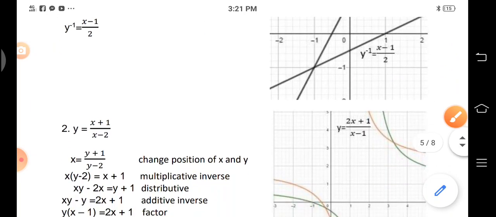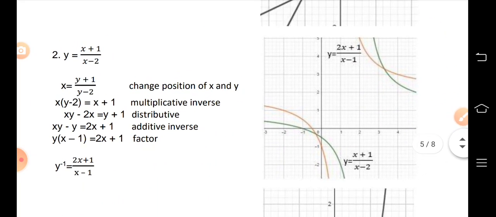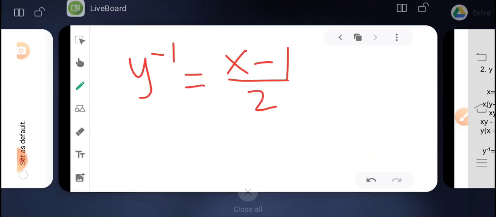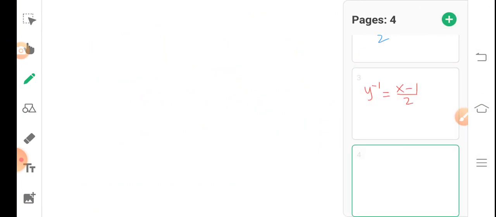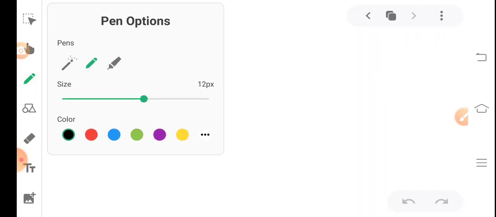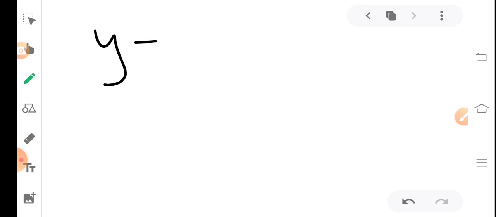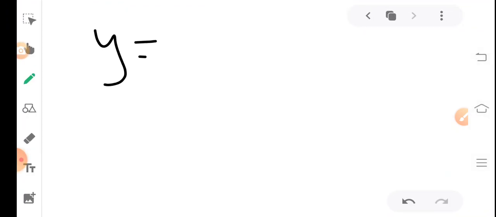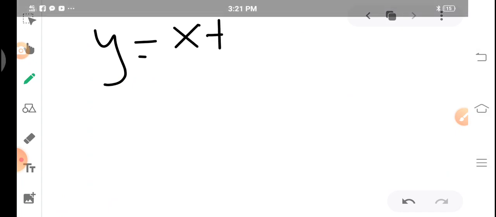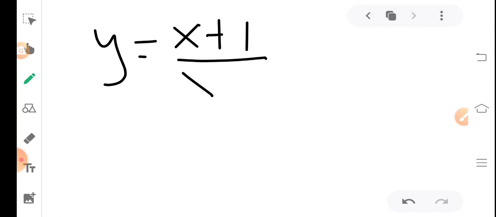Okay, another example. Let's say we have y is equal to x plus 1 all over x minus 2.